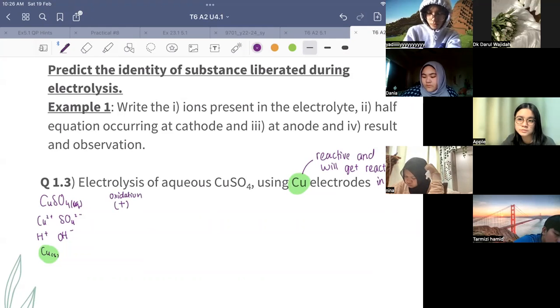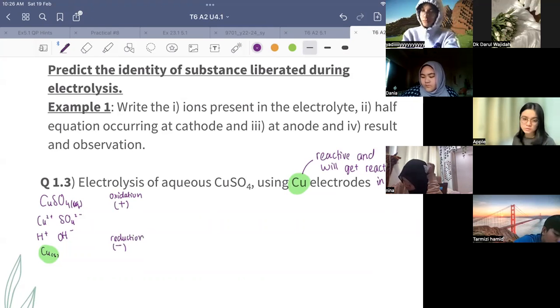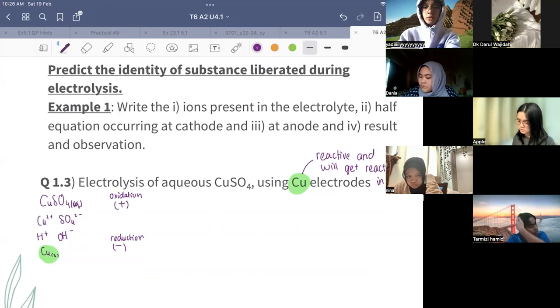And then I also have my negative, where reduction is happening. Correct, right? Anode, positive, cathode, negative.